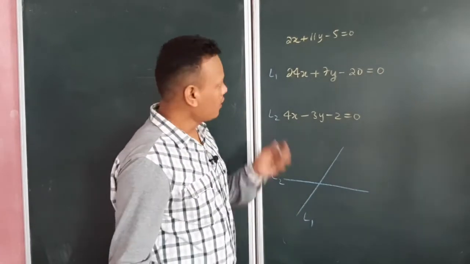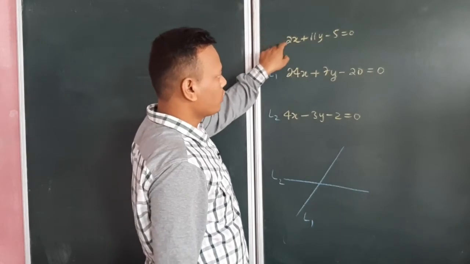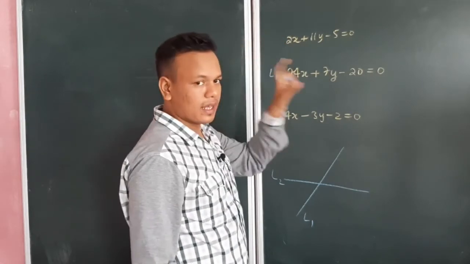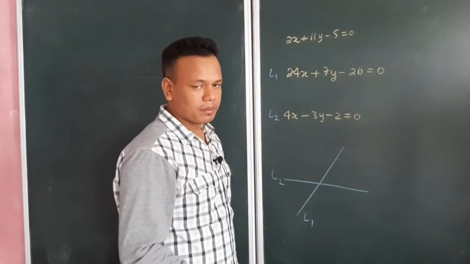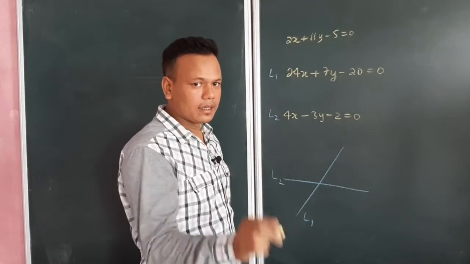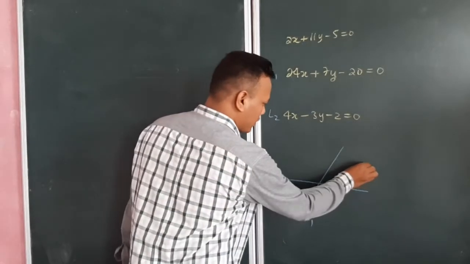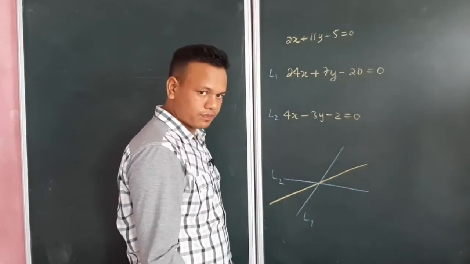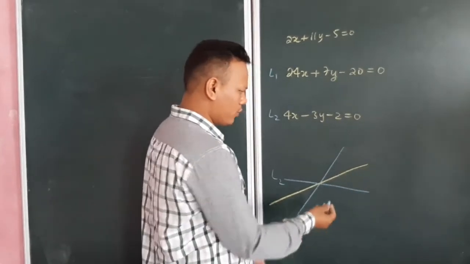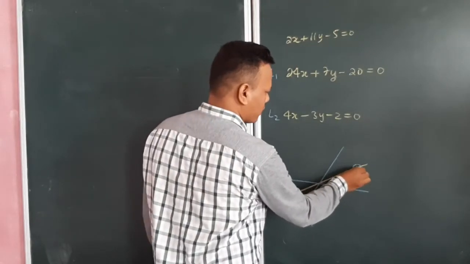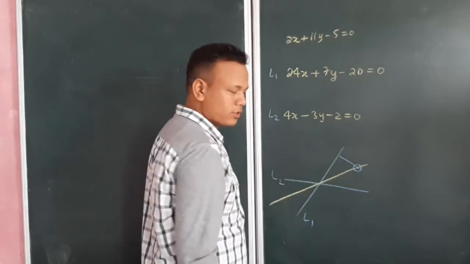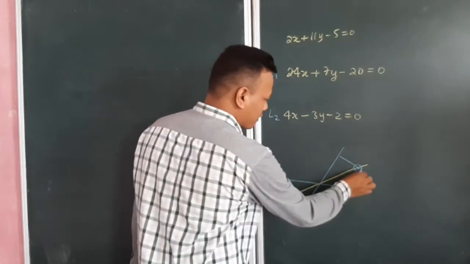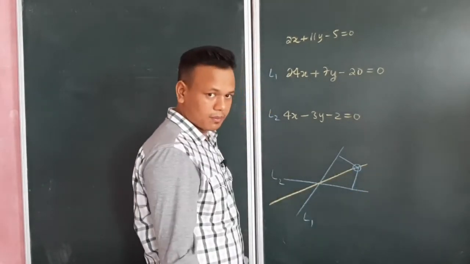Now we have to prove that every point on this line lies at the same distance to these lines, and this happens only in the case of an angle bisector. For example, if I take this as your angle bisector and choose any point, measure its perpendicular distance, then this distance and this distance both will be the same.